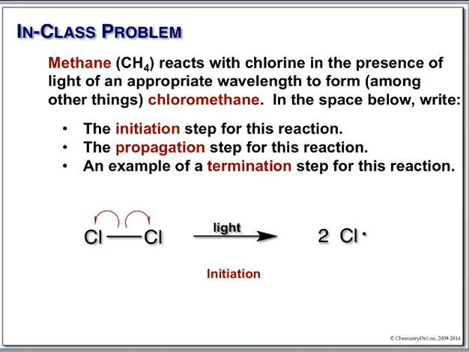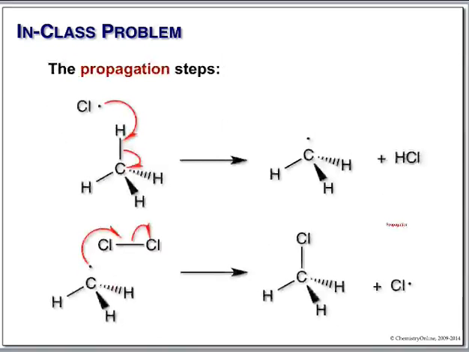Remember, you must start off with a chlorine radical and end up with a chlorine radical. That makes it a chain reaction. So the propagation would look like this. Here's our starting radical, here's our ending radical. It must be the same.